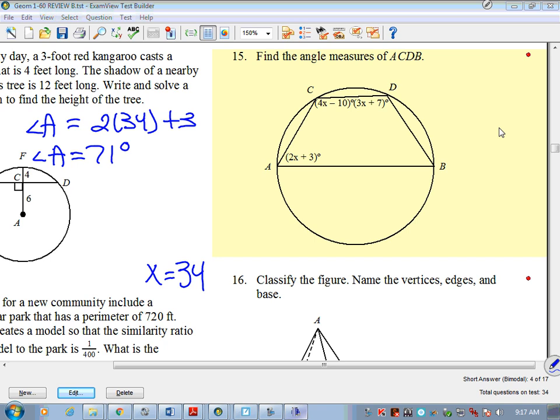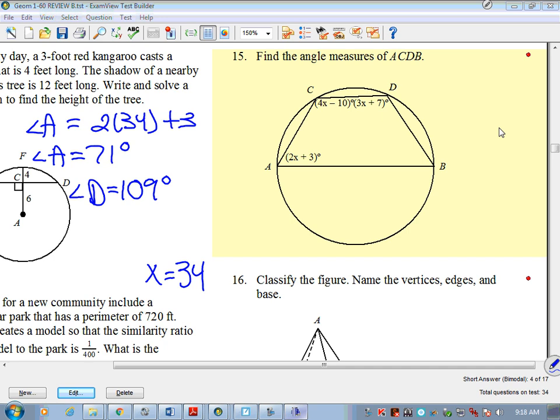So I know angle A is 71 degrees. Now keep in mind that the same rule still applies. Opposite angles are supplementary. So I don't have to plug 34 into 3x plus 7. I could subtract 71 from 180 and find out that angle D is, I believe, 109 degrees. Yeah, angle D is 109 degrees.